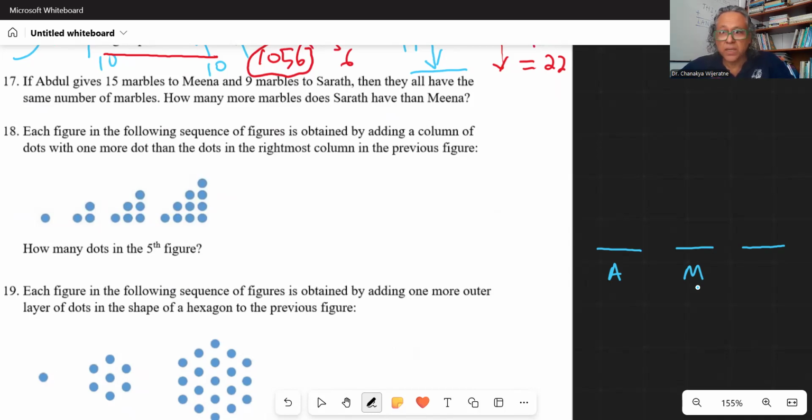After the donation, Meena, Sarat. After Abdul gave 15 marbles to Meena, that means Meena was actually down by 15 before this donation. And Sarat was down by 9 before Abdul's donation.